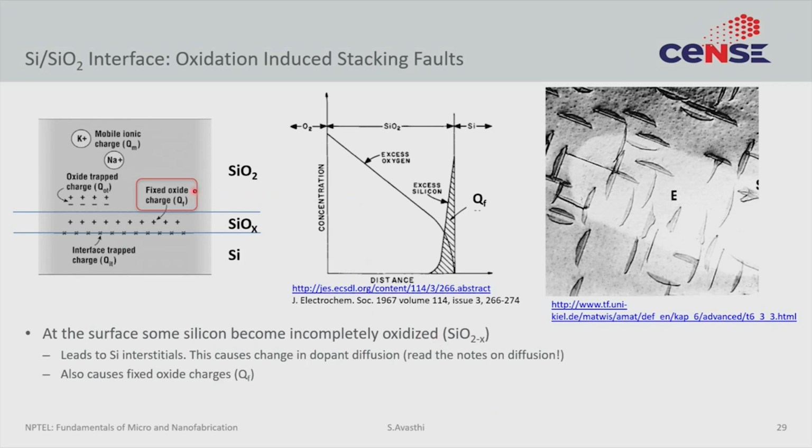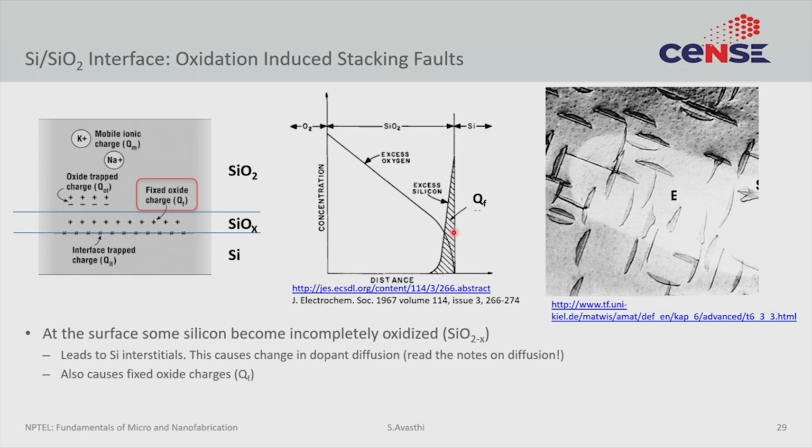Let us start with the fixed oxide charges. These are defects that exist in the silicon dioxide, but near the interface. The reason they happen is because of diffusion of silicon. We have already discussed the diffusion of oxygen. You have oxygen in the gas, then some layer of silicon dioxide, and then silicon.